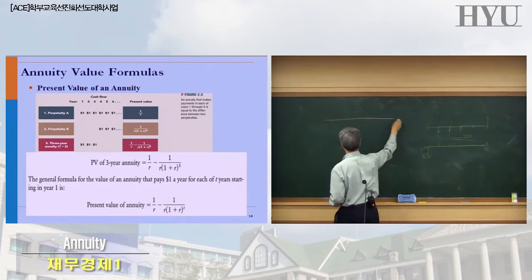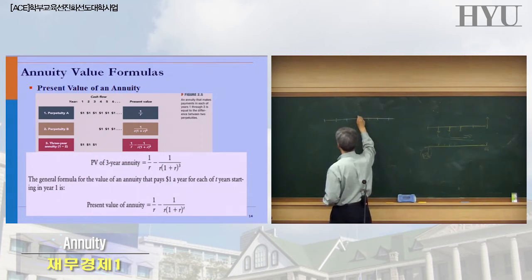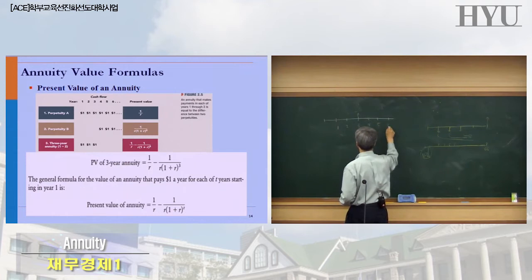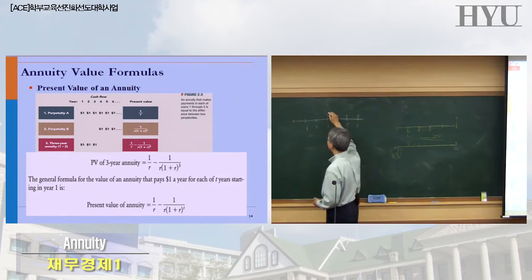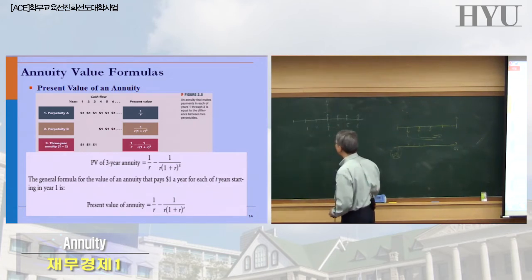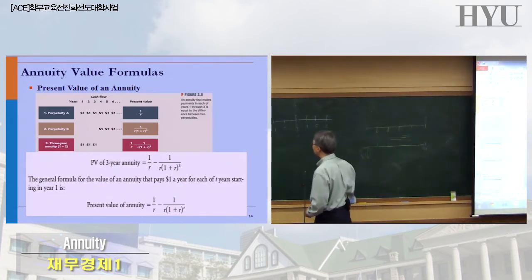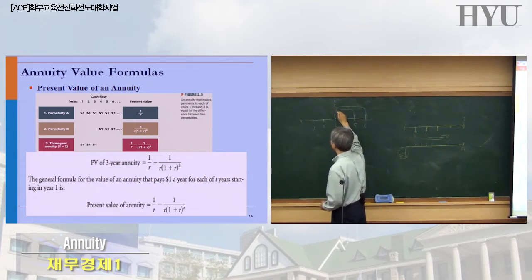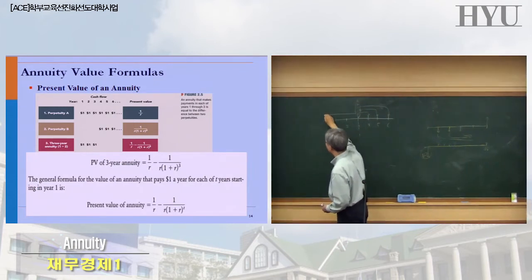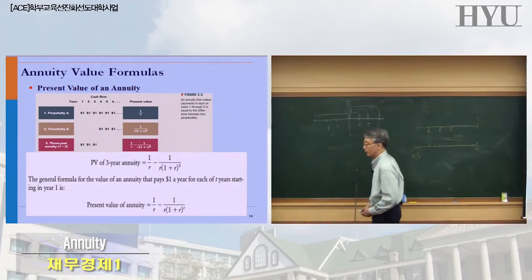So here, starting from the third year, at the end of the third year, we have these equal payments. Then we can calculate the present value of this annuity, and once you calculate it, you can discount the whole thing for 3 years.